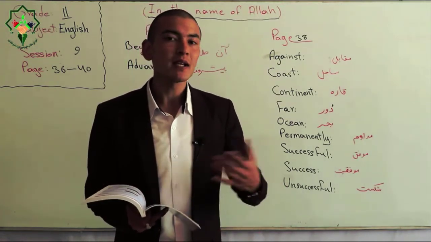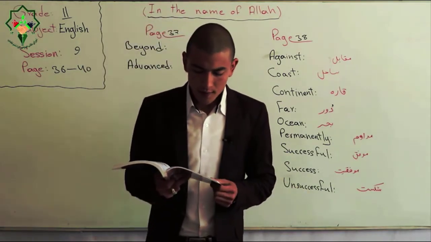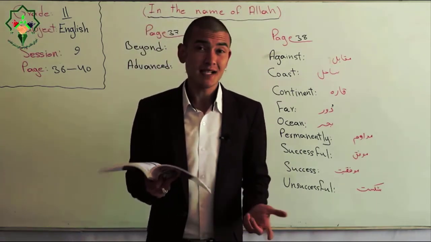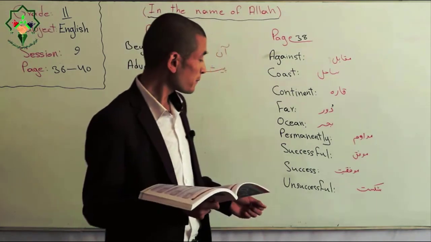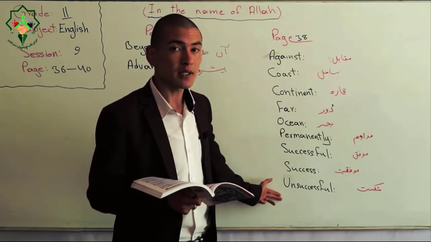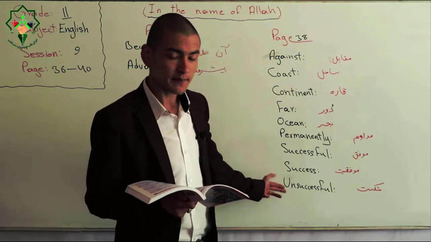By this full, we can make an adjective. Painful, dardnak. And also un. With un we can also make an adjective, and that is a negative adjective. For example, successful, we have unsuccessful, it means shikast. It is a negative adjective.